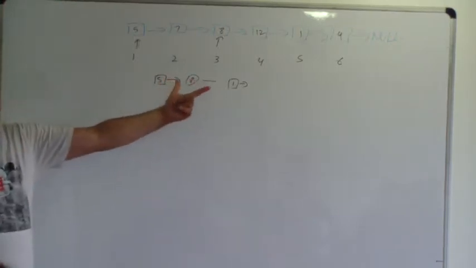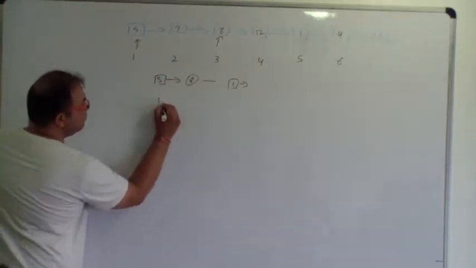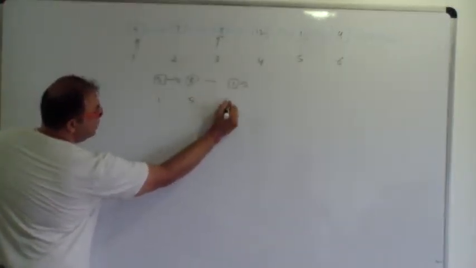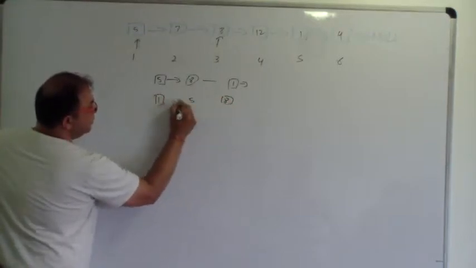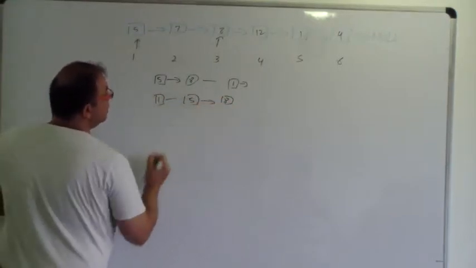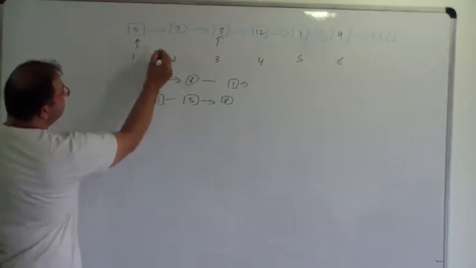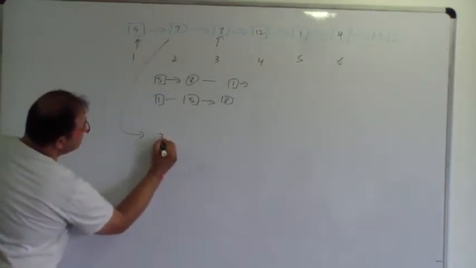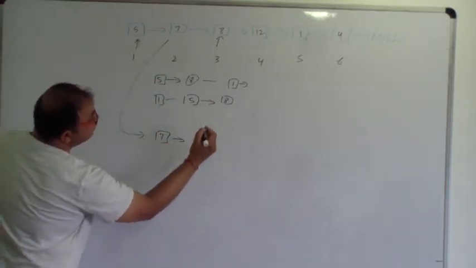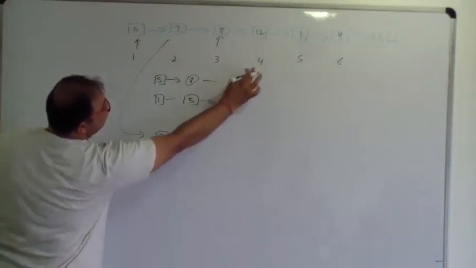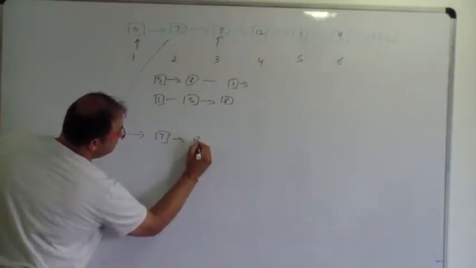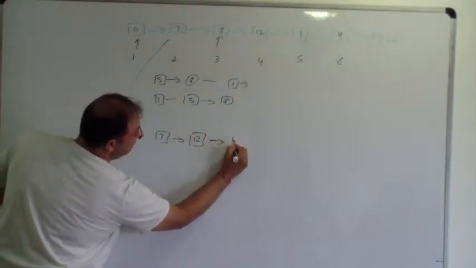You have to arrange them in ascending order, so this will become 1, 5, and 8. The even positions are 7, 12 and 4.